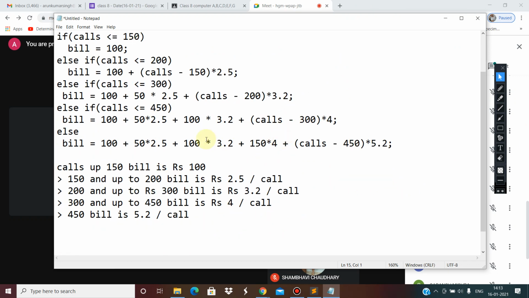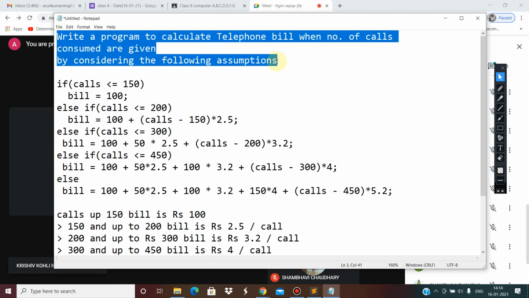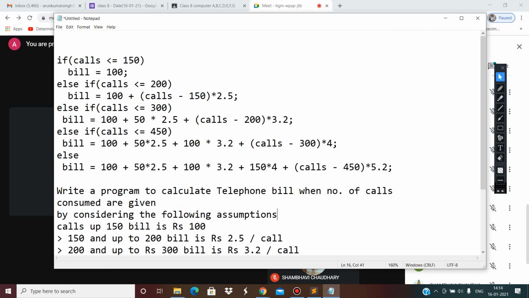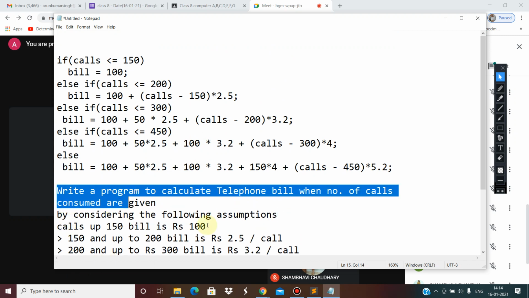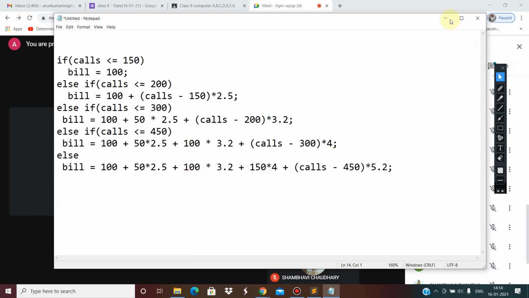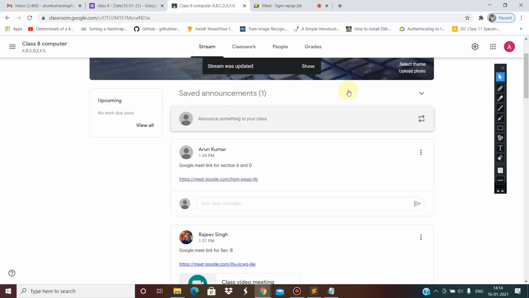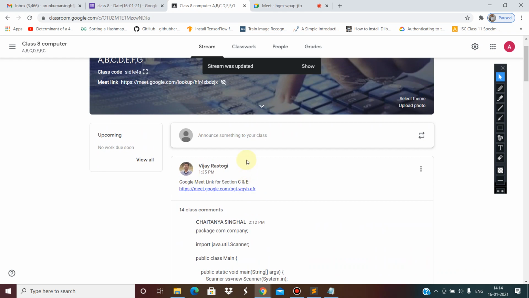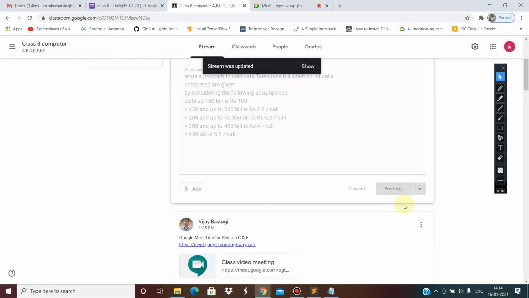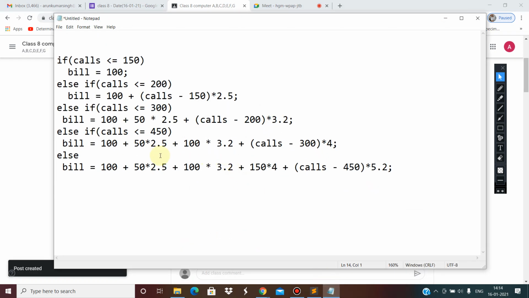I'm posting the question as well as the solution in your GCR. Children, just wait one minute. So this is the question which is going, and the solution also.